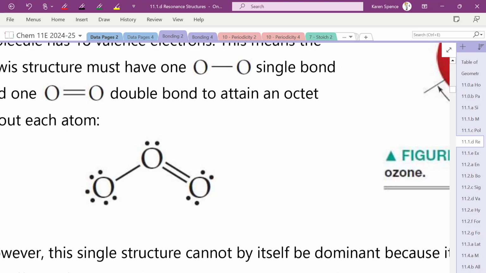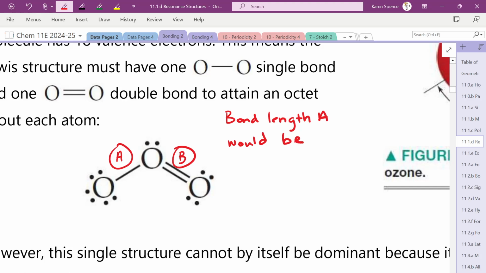If we look at this, if this is the correct structure, what could you say about bond length A and bond length B? Bond length A would be longer than B. Does that make sense?